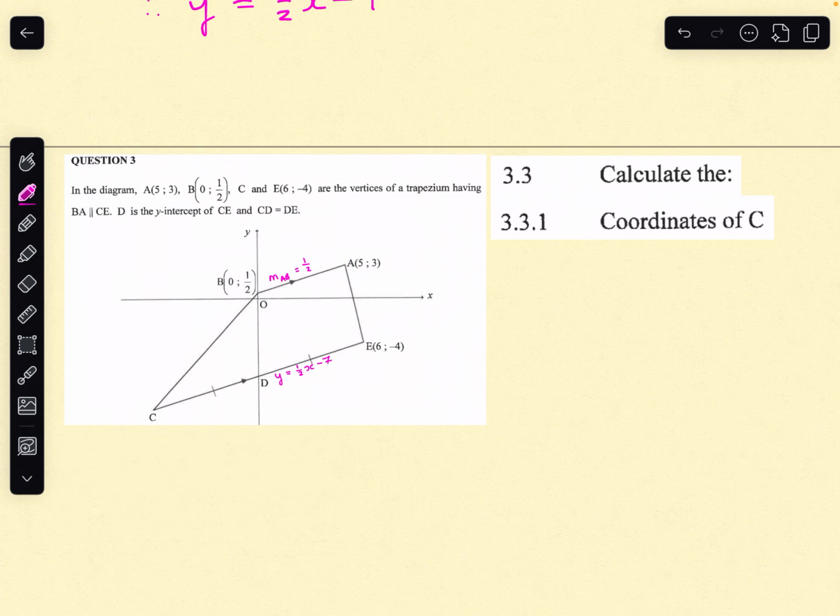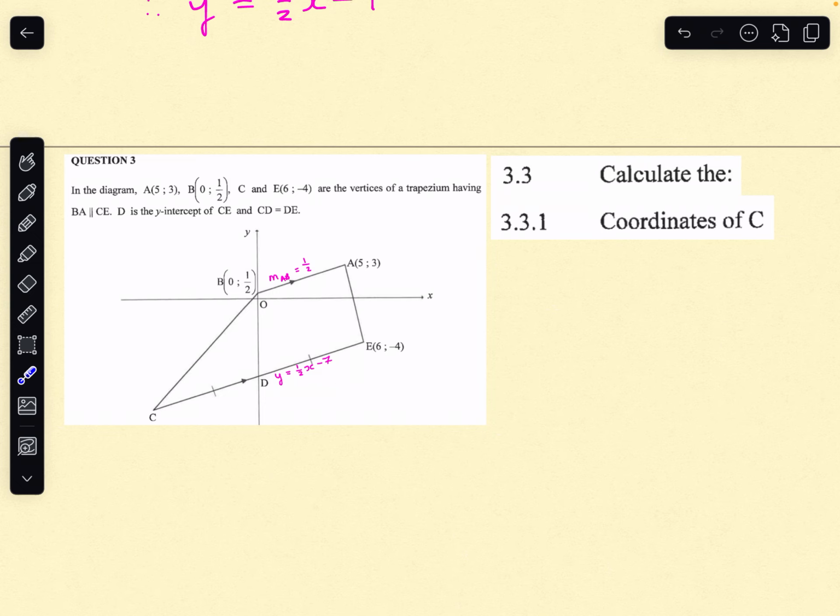Right, next question says, calculate the coordinates of C. Okay, so what stands out to me is that we now know what D is, right? Because D, remember, is the y-intercept of this line, which we can figure out from this equation.